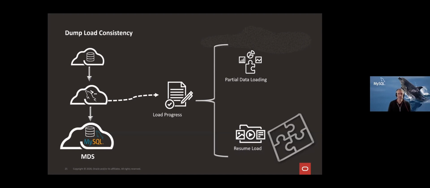And so it's going to resume from the point that it stopped. This is very surprising the first time you see it, if you're not expecting it, but it's a very nice feature that is part of the load dump functionality. And of course, there are options to override it, but it's pretty cool that it does that.